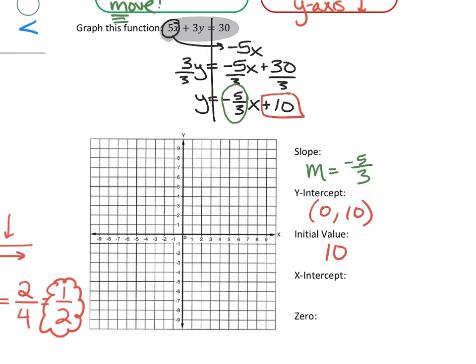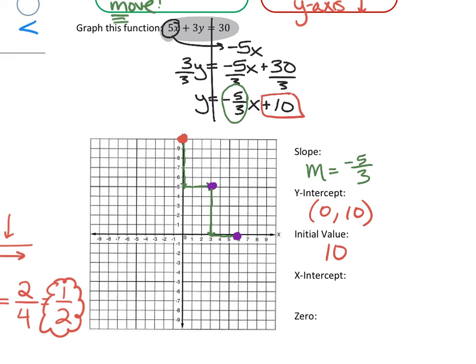Great, let's do it. We're going to start at 10 on the y-axis, which is the up and down axis. That's my initial value or starting value. From that point, I'm going to count down 5 jumps. 1, 2, 3, 4, 5. I'm going to count over 3 jumps. 1, 2, 3. And there's another coordinate. Boom, right there. Repeat. 1, 2, 3, 4, 5. 1, 2, 3.